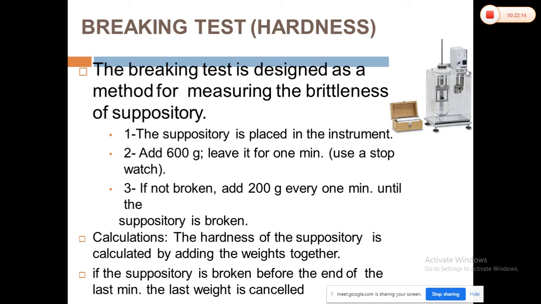Here we can observe the apparatus used to measure the hardness of our suppositories. Like the hardness we measured for tablets, there are various hardness testers.